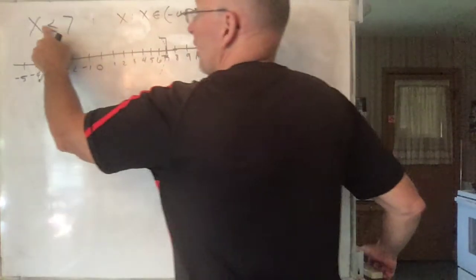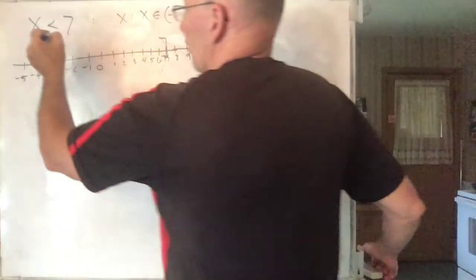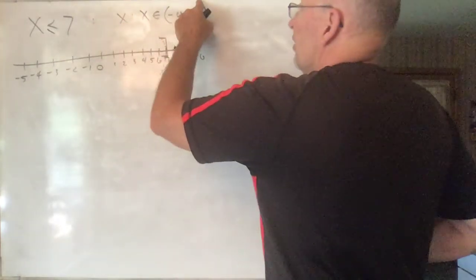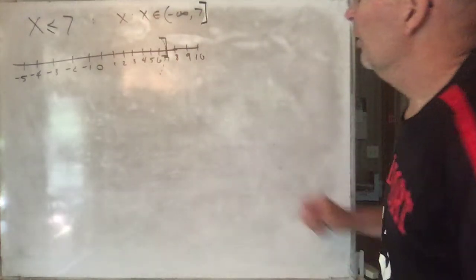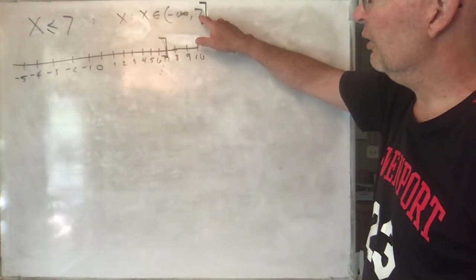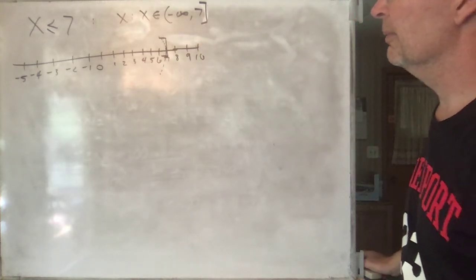That's what that one means. If you put this bracket there, then it means this, which includes 7. If you have just an open parenthesis there, it does not include 7.